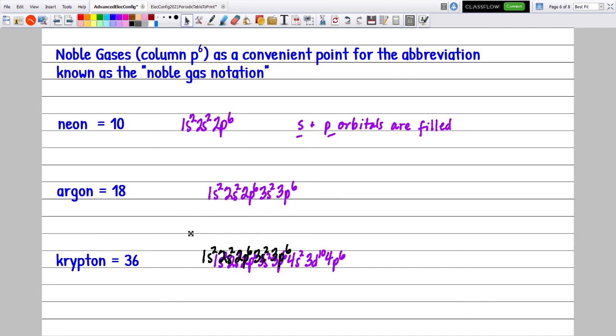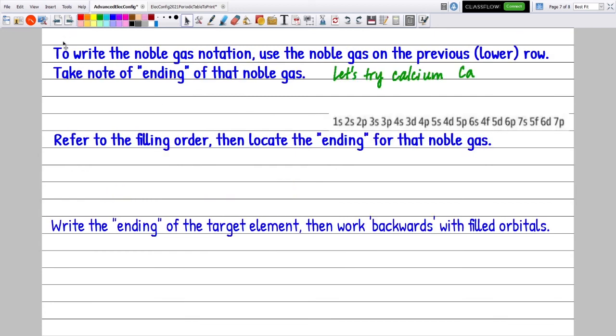Essentially, using completely filled orbitals will help us to write the noble gas notation. Again, it's only theoretical until we use an example. So let's take a look.